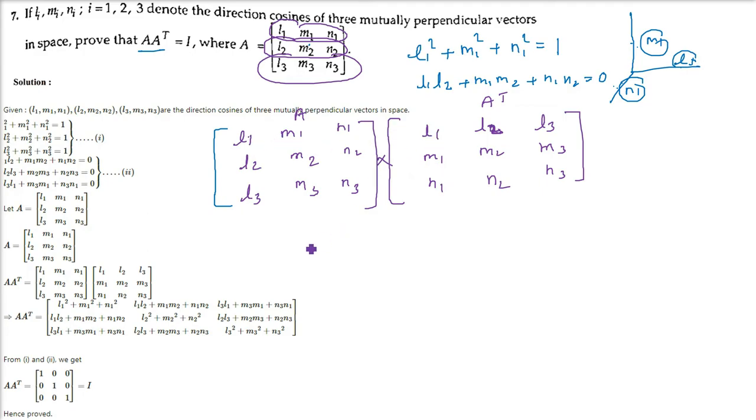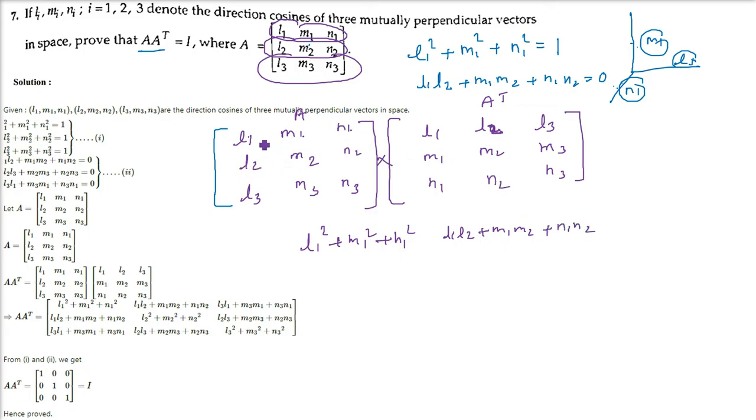The first row, first column: L1 square, M1 square, N1 square, just add them. Now first row with second column: L1 L2 plus M1 M2 plus N1 N2.